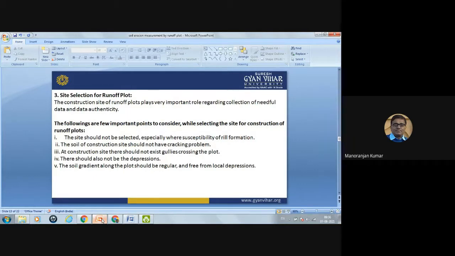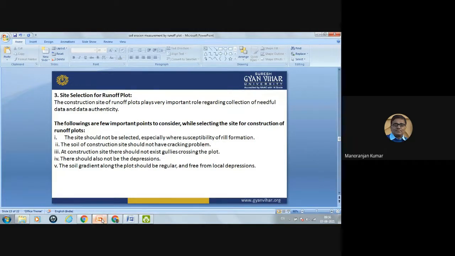Now the site selection for a runoff plot. So the site should be good. The construction site of a runoff plot plays a very important role regarding the collection of needful data, and authentic data.